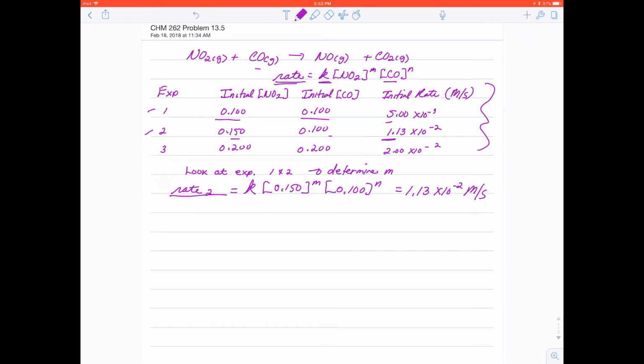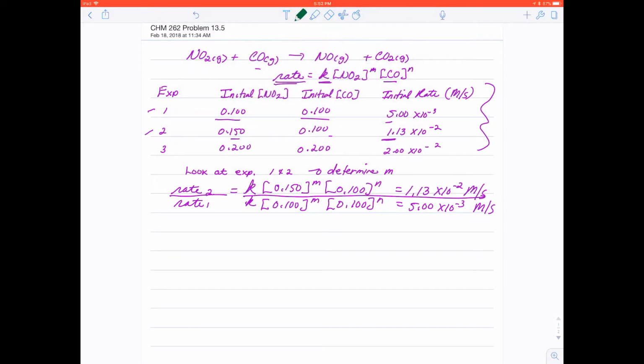And then what I'm going to do is divide that by the rate of experiment 1, and that's going to be k times 0.1 molar to the m power, 0.1 molar to the n power, and that is going to equal 5.0 times 10 to the negative 3 molar per second.